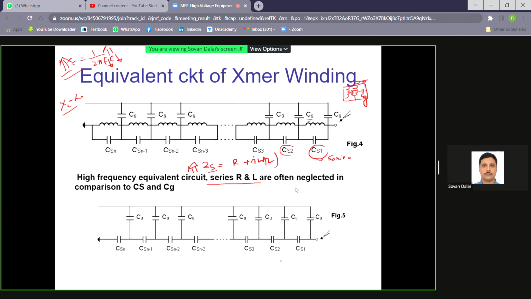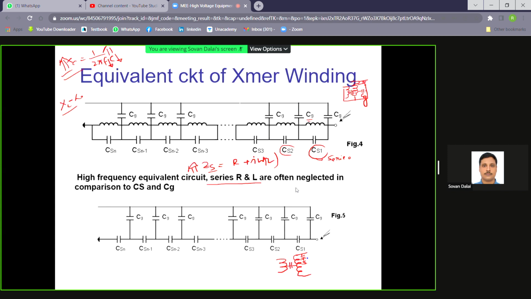CS basically consists of the following. This is the primary winding and this is the secondary winding. Two adjacent turns are separated by some dielectric medium and maintained at different potential. Some capacitance is formed between the layers depending upon the voltage level, and some capacitance is formed between the high voltage winding and low voltage winding.